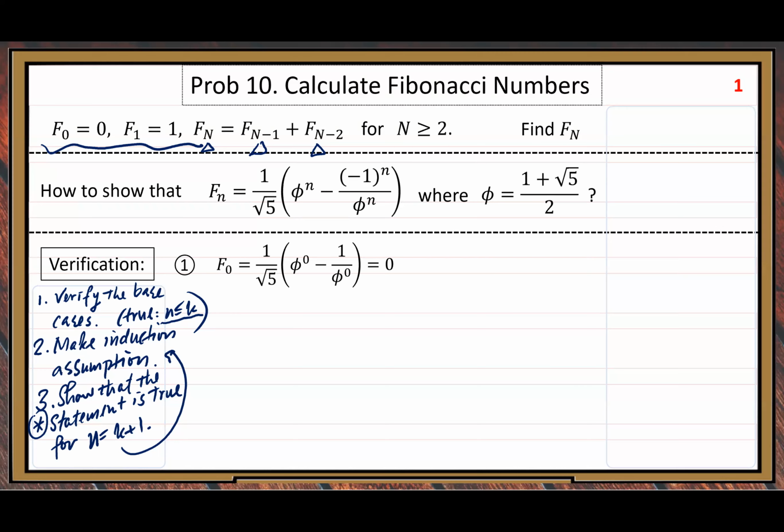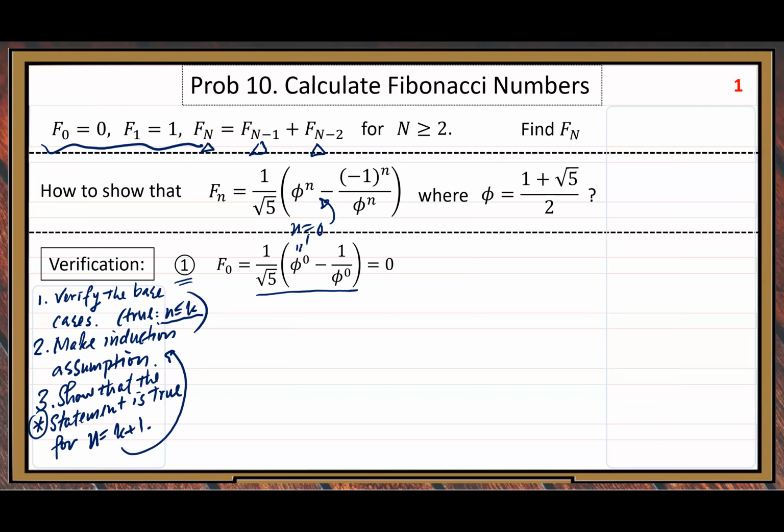So now we start our first verification, step 1, F0 verification. For F0, you plug n equals 0 into this formula, so you get this expression. Any phi to the 0 is 1, right?